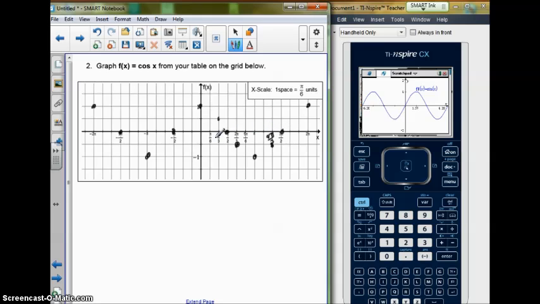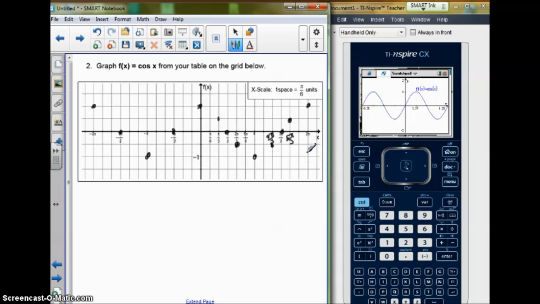I just noticed we're counting every 2 for pi over 3, so that's 1 pi over 3, 2 pi over 3, 3 pi over 3, 4 pi over 3, so this would be 5 pi over 3, and at 5 pi over 3 we were at positive 1/2.